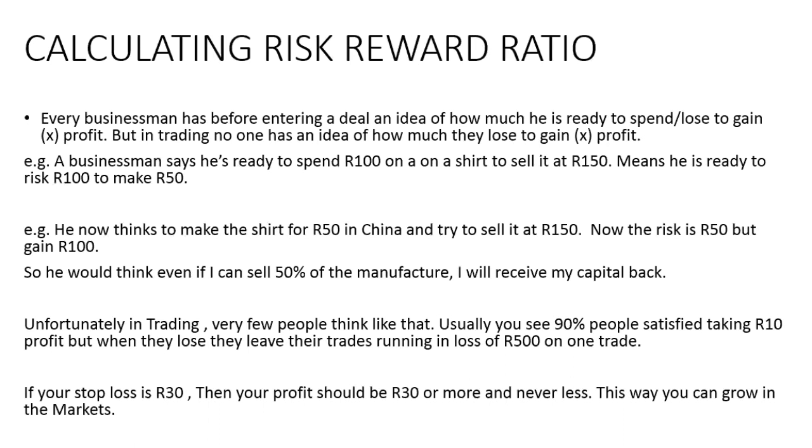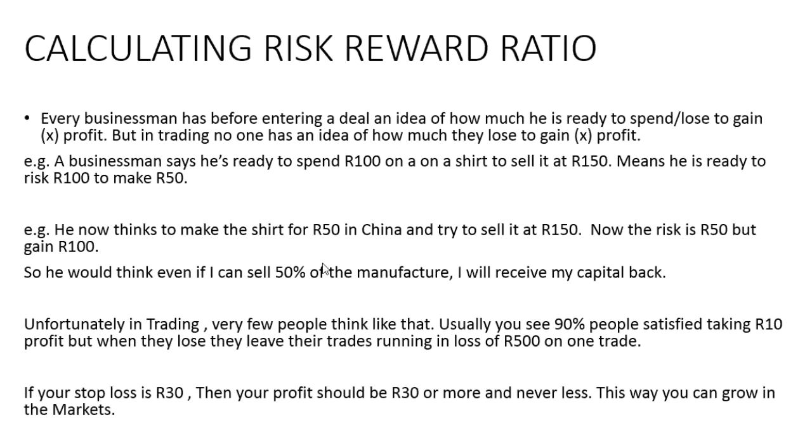Now let's look at the second example. He now thinks to make the shirt for 50 rand in China and try to sell it at the same price, 150 rands. Now the risk is 50 rand, but the gain is 100 rand. In the first example, the man is making the shirt with 100 rand and selling it at 150 rand, meaning that he's risking 100 and gaining 50 rands.